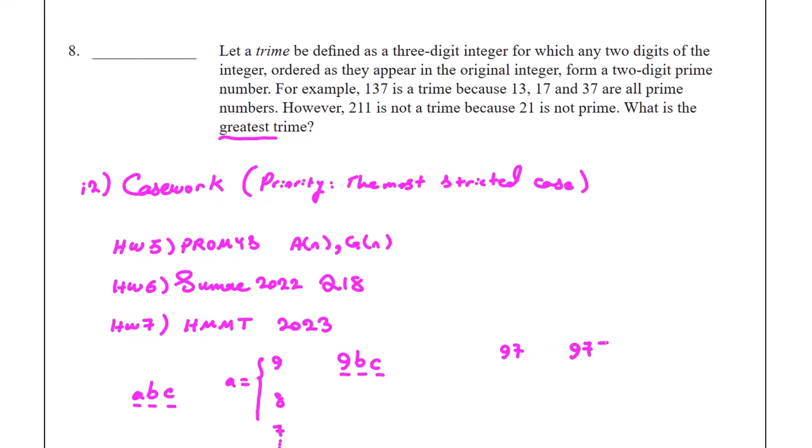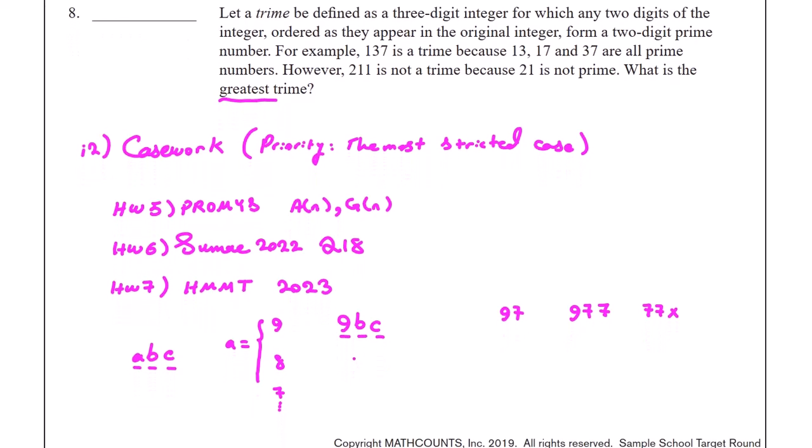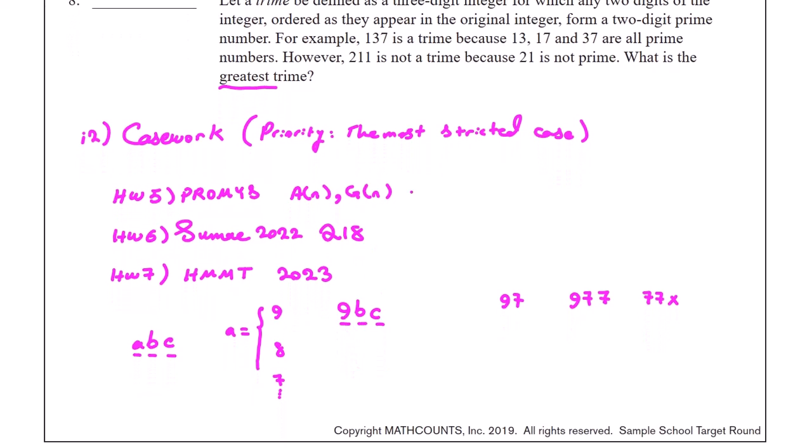So if we write 977, 77 is not prime. So you cannot create any three-digit number that satisfies the conditions of the problem with the hundreds digit equal to 9. Now let's check 8. If 8 was not possible, check 7. Try the rest on your own now that you've learned.